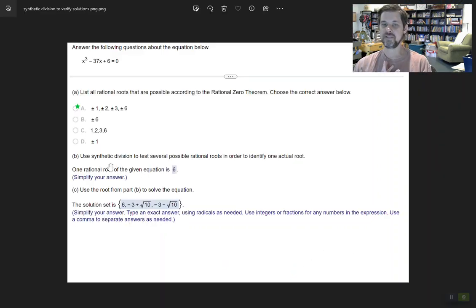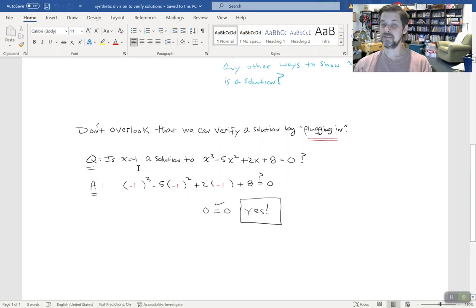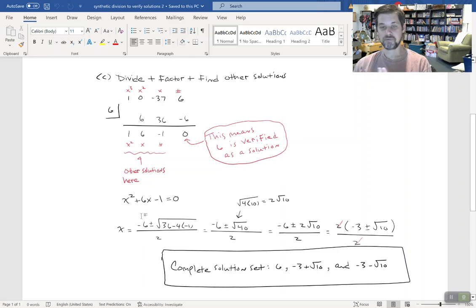You'll see here it says use synthetic division to try those out until you find one that works. If you want to do it that way, you can. But I think it's faster to just take the numbers, plug them in real quick with a calculator till you find the one that works. And then from there, the rest of it is typical: it plays out with the synthetic division, getting a quadratic formula, and then we'll get our final 3 answers.